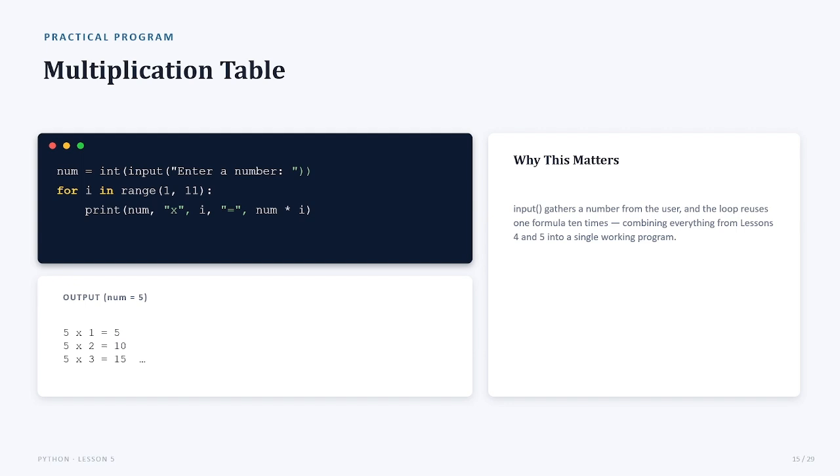Now, let's build something practical. We are going to create a multiplication table, and this time instead of hard coding the numbers, we will ask the user for the number.